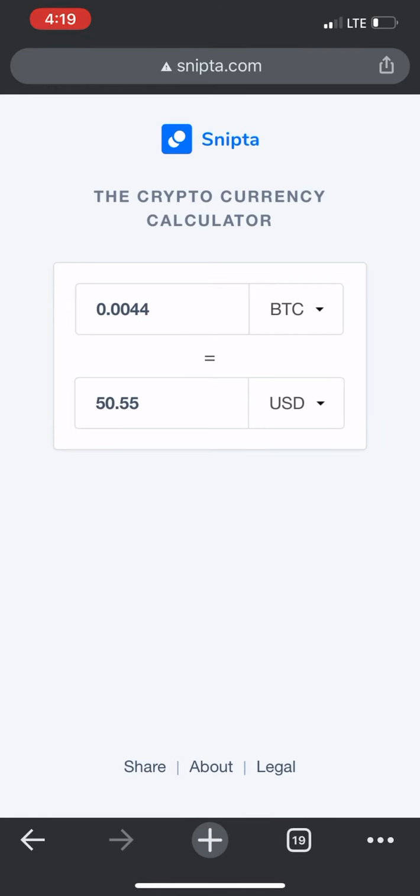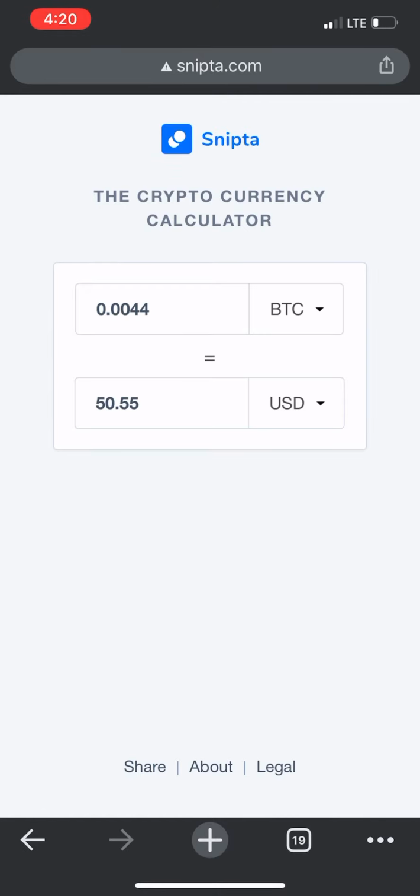Now let me tell you, if bitcoin increases from 11,000 to 12,000 or 13,000, this 0.0044 BTC might not be worth $50 again. It will be worth something like $55, $60, $65. I don't know, but I'm trying to tell you.